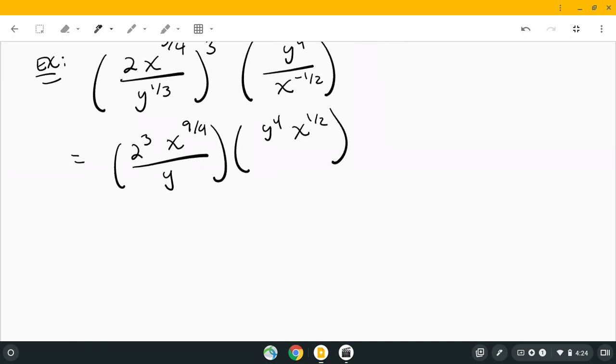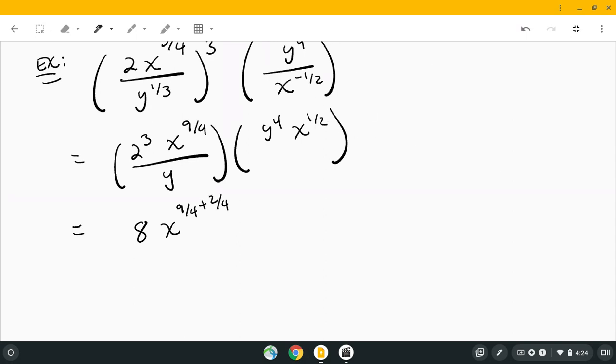All right. And using my properties again, here I'm multiplying x and x like bases, so I can go ahead and add my exponents here. Okay, so that's going to give me 9/4 plus, I'm going to rewrite this 1/2 as 2/4.